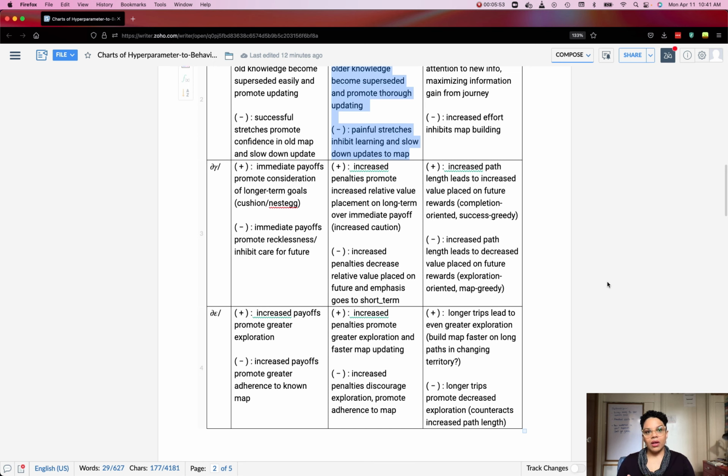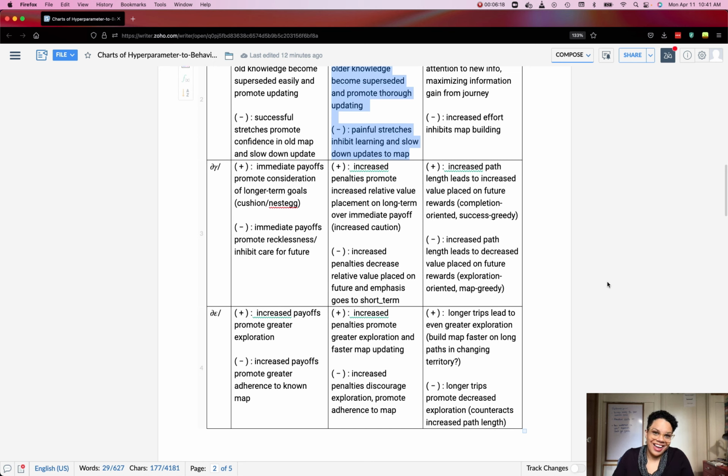And if step count goes up and epsilon goes up at the same time, we might infer that longer trips lead to even greater exploration. When might that be the case? Perhaps if the territory is changing and the paths that exist are becoming outdated, the learner increases its exploration rate in order to gather new information about this changing territory.